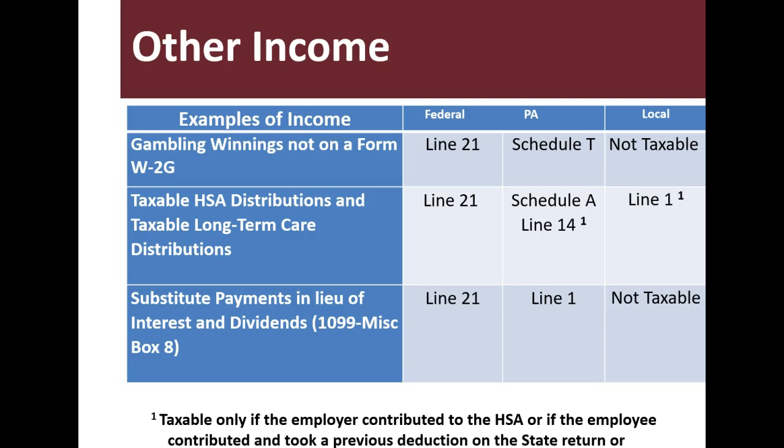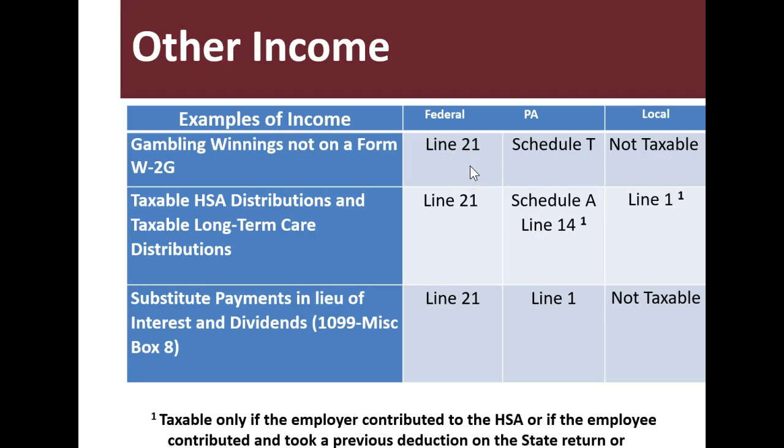Gambling winnings are a little bit different. They go on line 20. We don't have a Form W-2G showing the gambling winnings. We just have something that the client taxpayer tells us they won, $500 bingo or something.